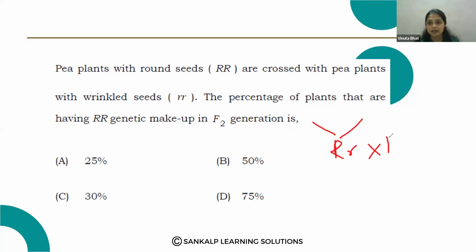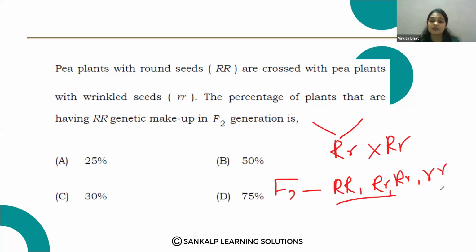When this capital R, small r is crossed for the F2 generation, that is capital R, capital R, capital R, small r, capital R, small r, and small r, small r. Out of these four plants, only one plant has the capital R genetic makeup, that is 25%. So option A, that is 25%.